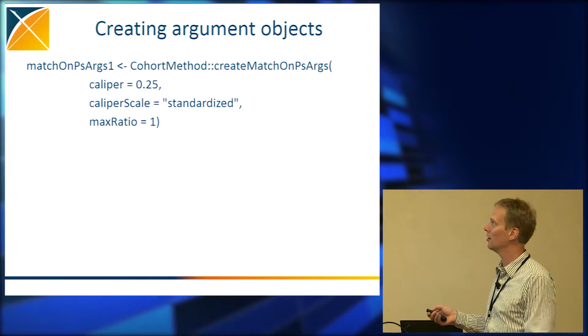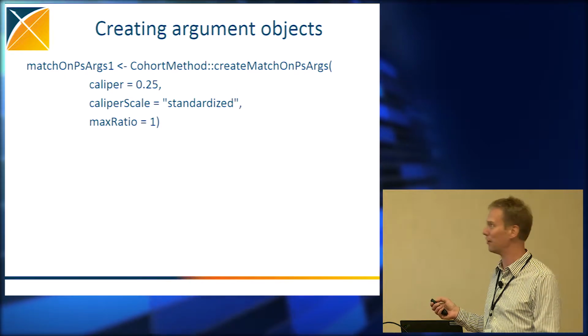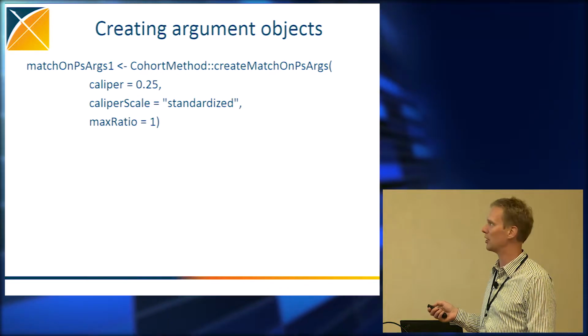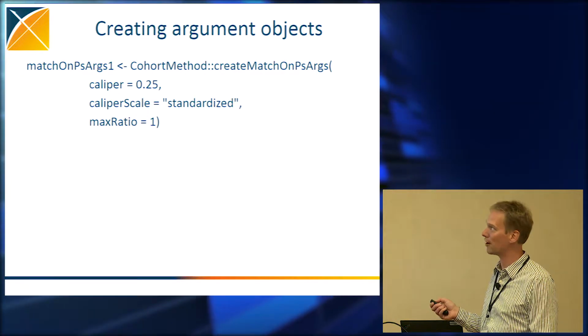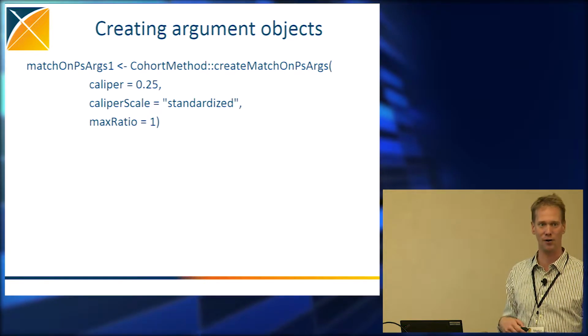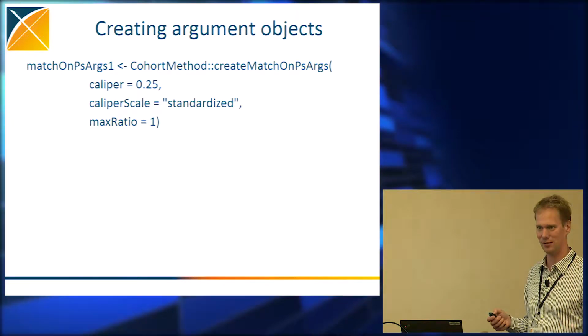For every one of those functions that I discussed this morning, we have a function createFunctionNameArgs. So in this case, we have a function createMatchOnPsArgs, where you can define the arguments that will be used later on to call the matchOnPs function. I hope that's making sense.